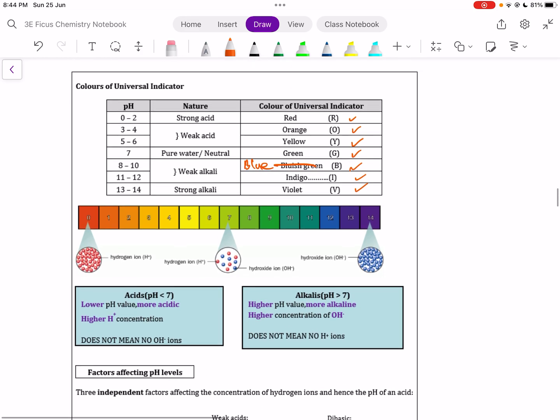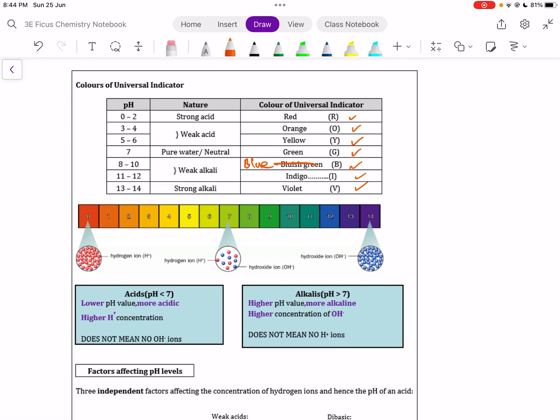So what it means is this. Usually the lower the pH, the higher the concentration of H plus. Higher pH means lower concentration of H plus and higher concentration of OH minus. Remember we discussed that 7 is exactly neutral.